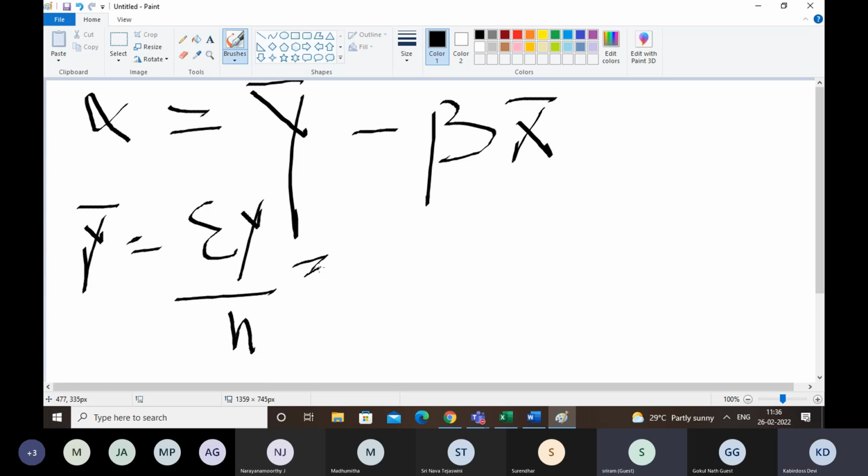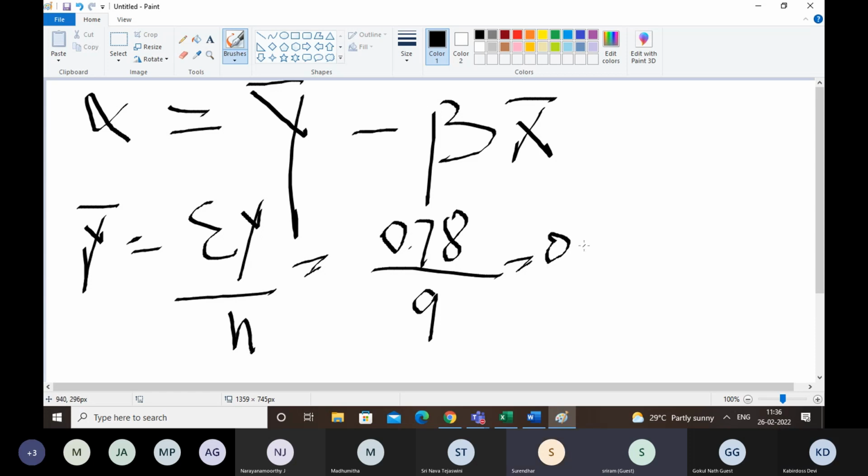Summation of y is 0.78, divided by 9, which is 0.0866.